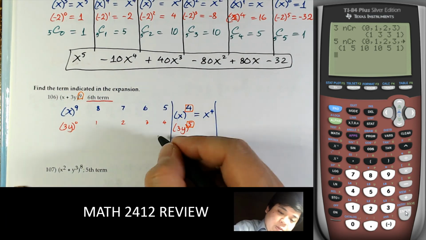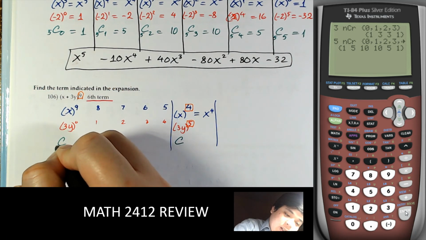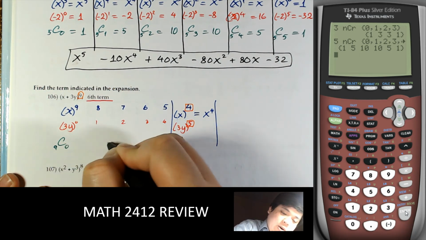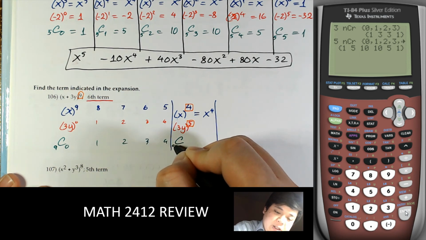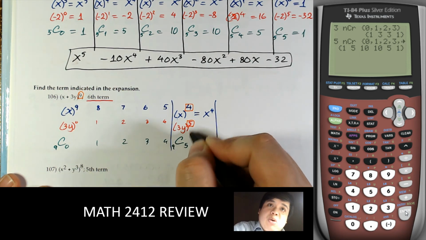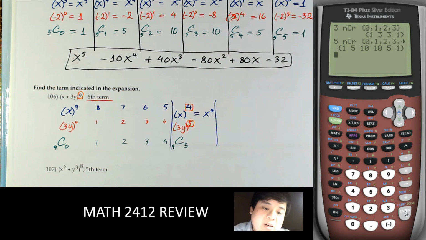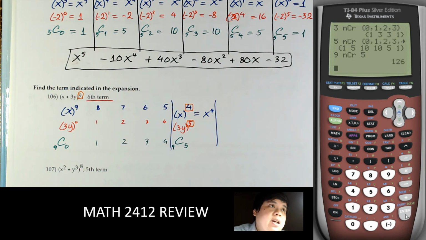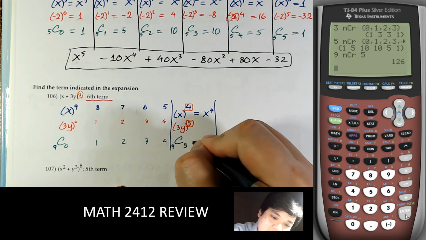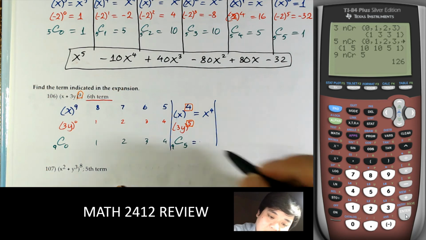And then the coefficient 9 choose 5, or 9 choose 4, those two numbers must be the same. What is it? A combination of 5 out of 9. So 9, math, probability, combination, and we take 5, it's 126.